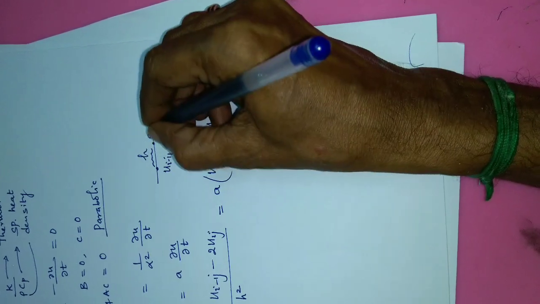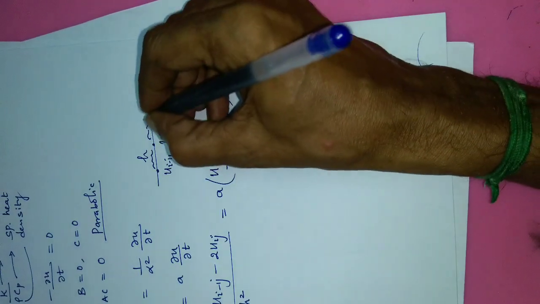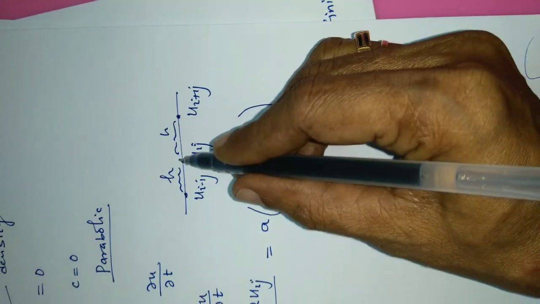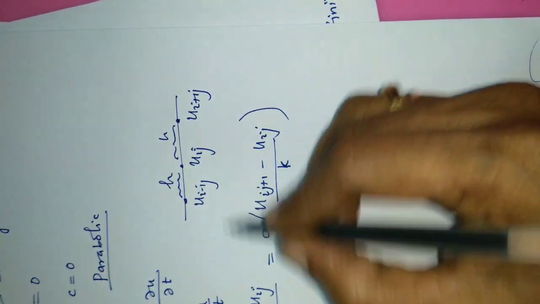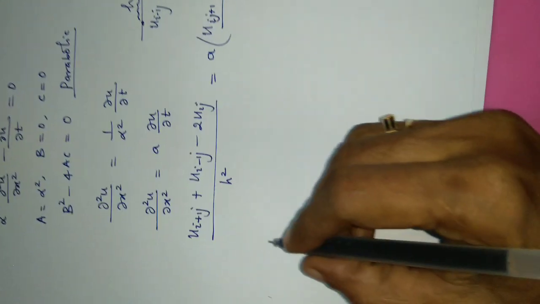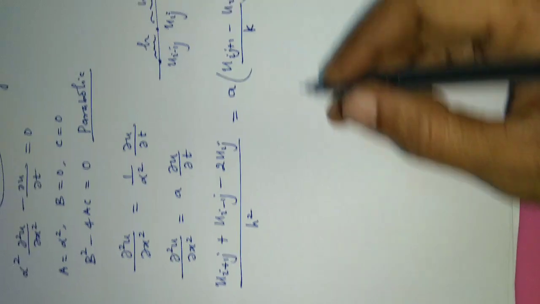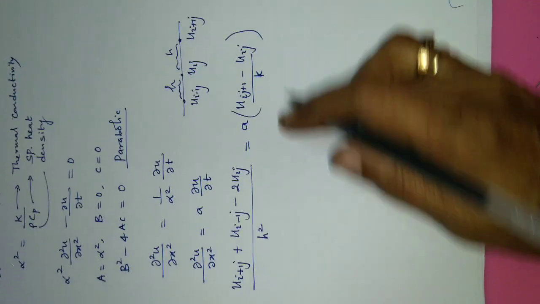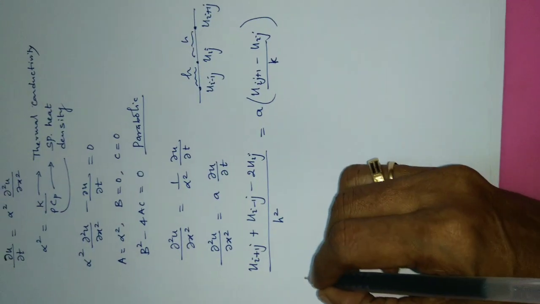The step size along the x direction is h. So the sum of these two minus 2 times this, divided by h². That is what the finite difference equivalent is. Now we are going to cross multiply. Let us rewrite this equation first.